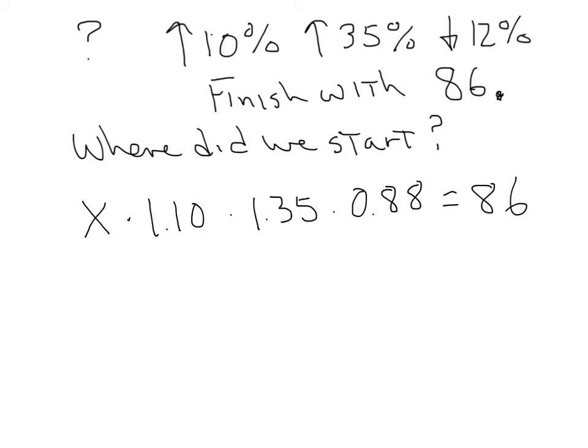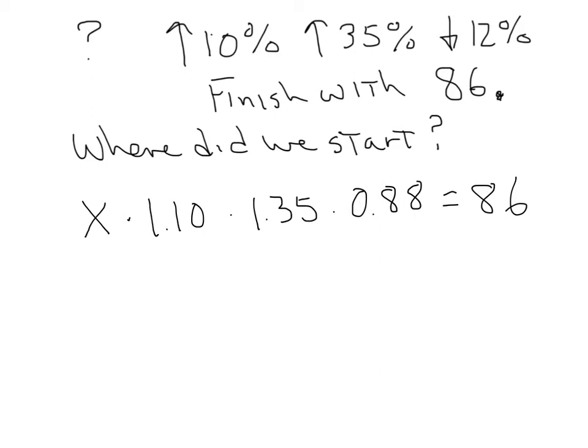That is, we went up 10%, so we multiply by 1.10 or 110%. We went up 35% from there, so we multiply by 1.35 or 135%. And we go down 12%, which means there's 88% of that number left.